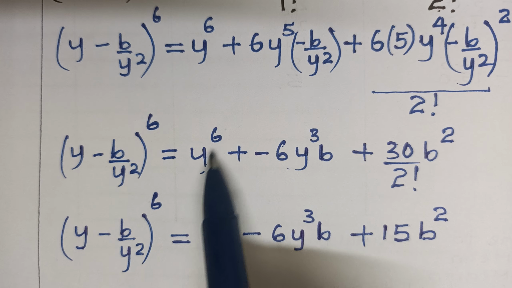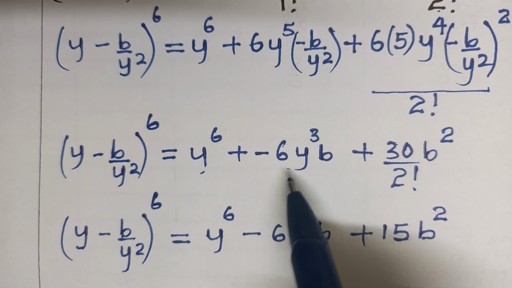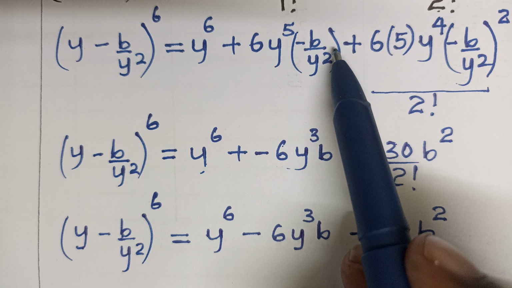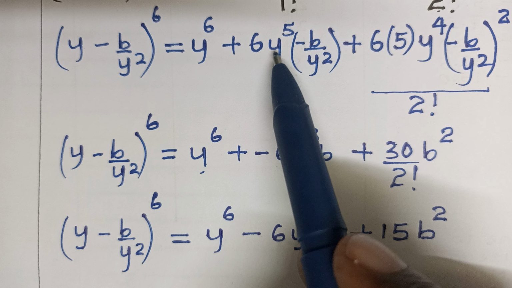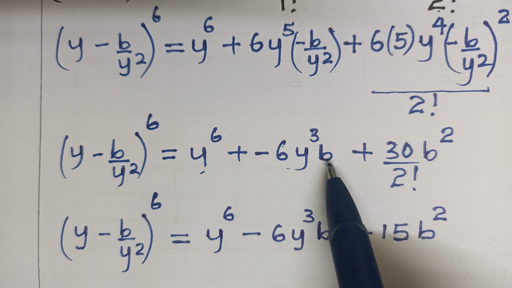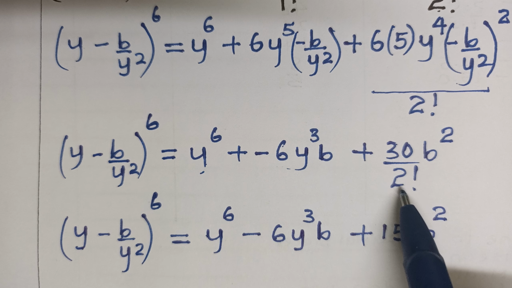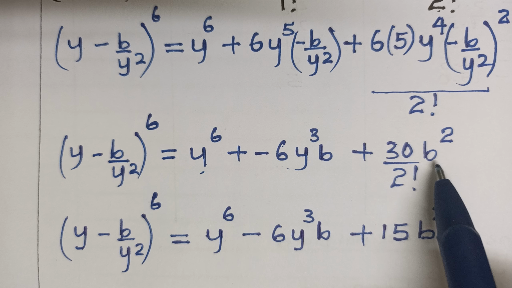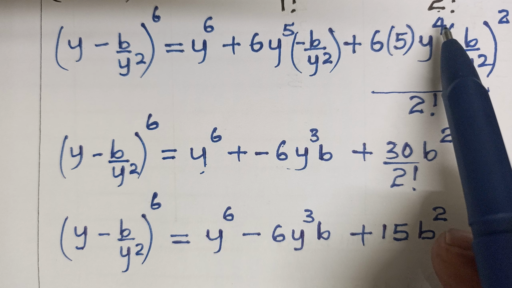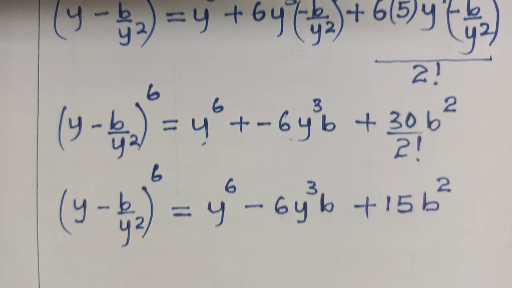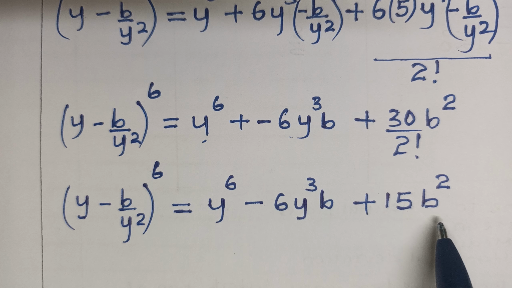Now it becomes y raised to 6, then you have minus 6y cubed b, when I have cancelled this y squared and another y squared here, we remain with y raised to 3. Then we have plus 30 all over 2 factorial, which is actually 15, and here we have b squared. We were able to cancel this y and this y, then we are left with the b squared.